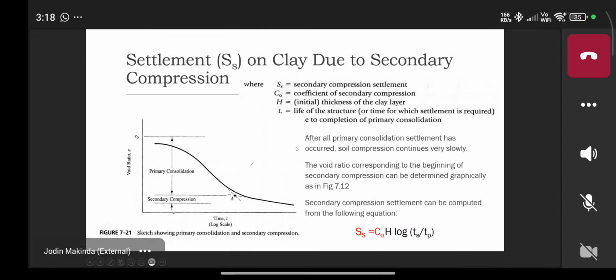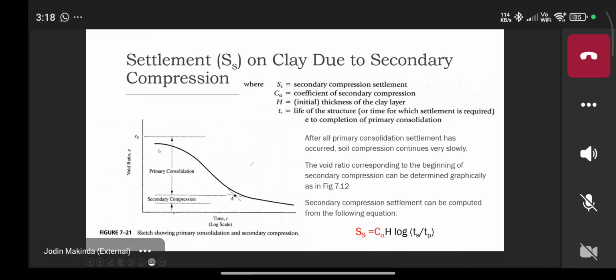So, if you look at the figure here on the right side, you can see that at point A, the primary consolidation is complete. After primary consolidation is complete, we continue on with secondary compression.